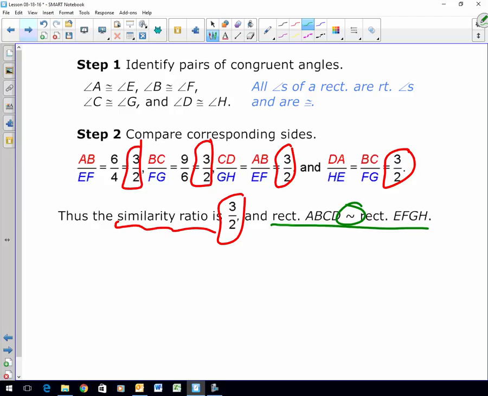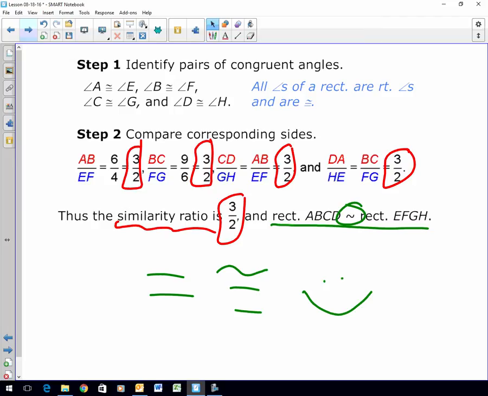Cameron's right. Very good. All right, check it out. Equals, congruent, similar. Everybody see the whole deal here, okay?